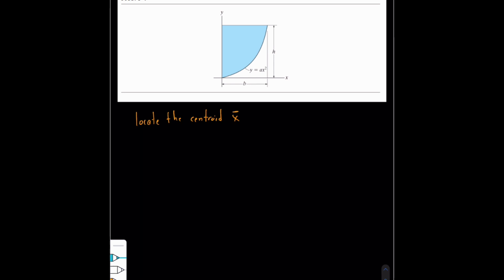Now recall that the equation for the centroid was x centroid is equal to the integral of x2 times dA divided by the integral of dA here. And as before, we said that we need a horizontal strip because we are trying to find the centroid in the x direction right here.